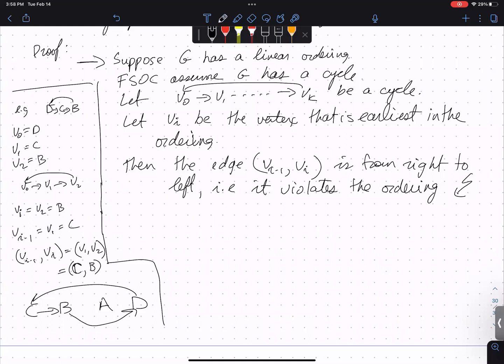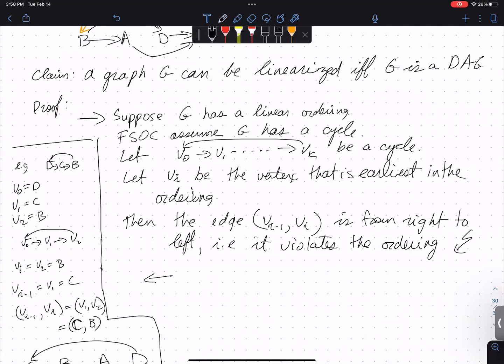Okay, so now we have to prove the other direction, and this is the little harder direction. It says suppose that G is a DAG, so it does not have a cycle.